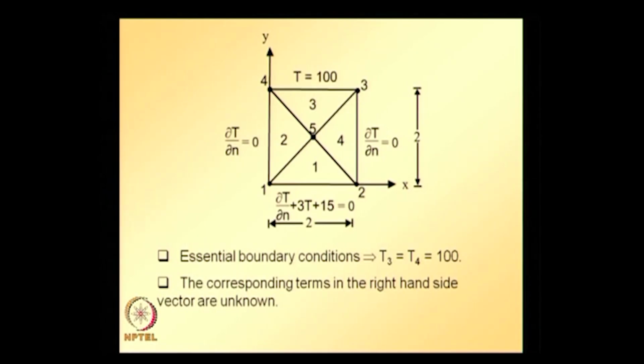Corresponding terms in the right hand side vector are unknown. So, whenever an essential boundary condition is specified in the global equation system, the corresponding terms in the right hand side vector become unknown, which we have already seen earlier when we were solving the previous problems.